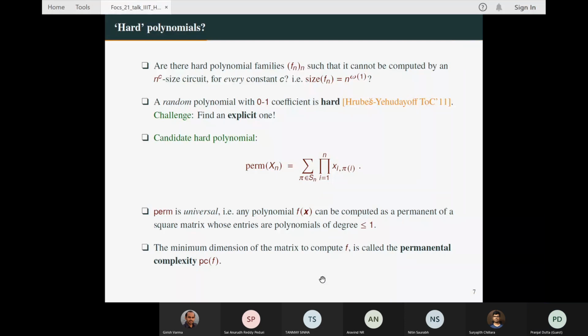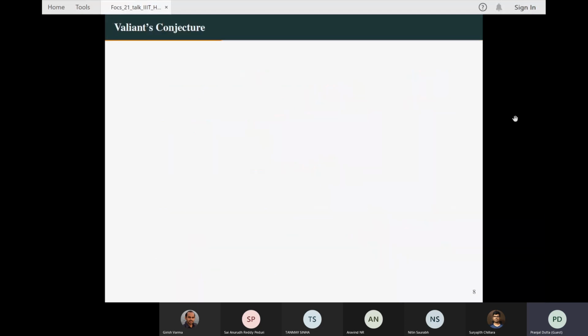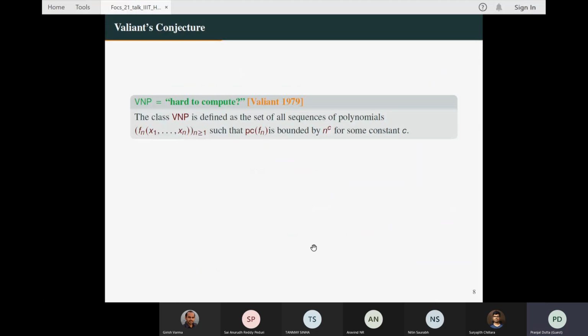So till now I have defined 3 measures: size of f, which is the circuit size; determinant complexity of f, which is DC of f; and permanental complexity of f, which is PC of f. Now, once we have defined permanental complexity, we can also define another class, called VNP.